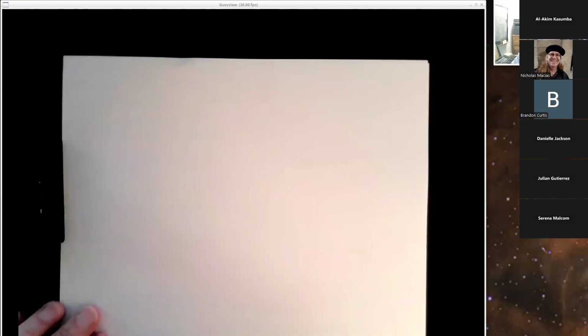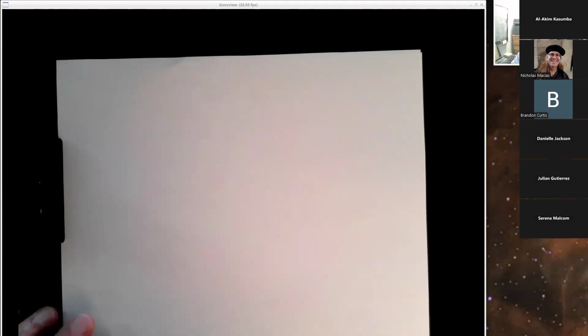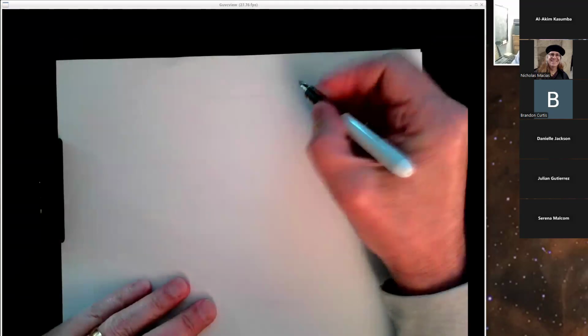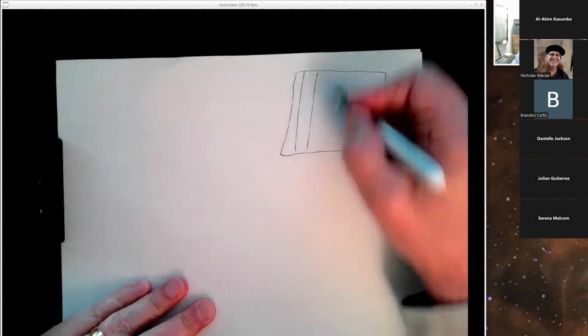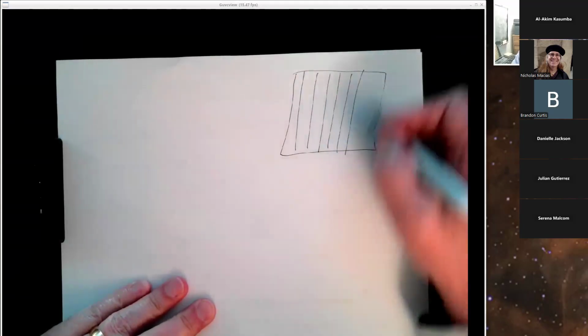So let me do a different sort of problem here. Let's suppose that you have a kitchen floor, and your kitchen floor is covered with all these little tiny tiles.